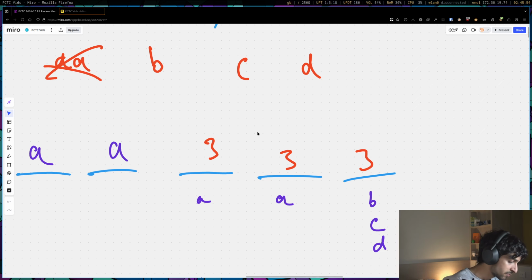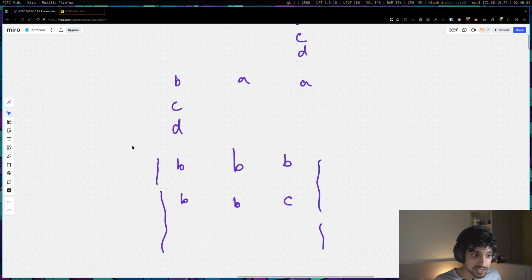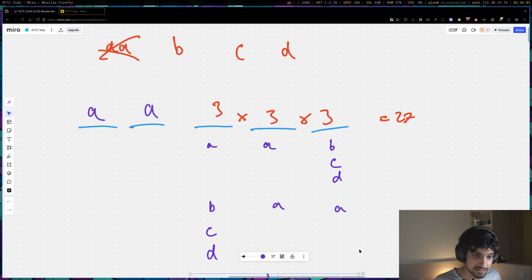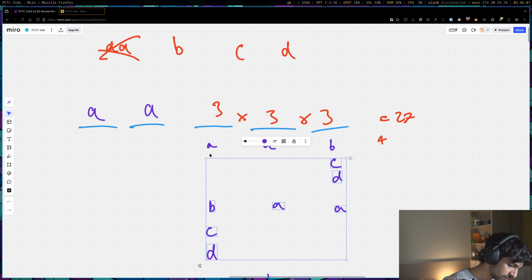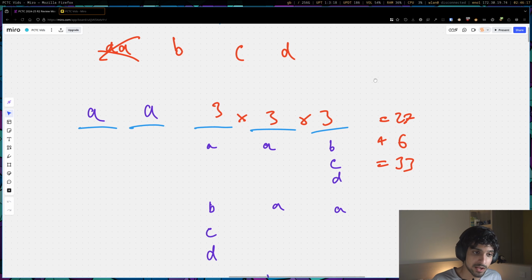So that leaves us 3 times 3 times 3 possibilities, which is equal to 27. So that's a good thing we didn't work out all of these, because there are going to be 27 of them. So 27 of those, and 6 of these. So in total, there are 33. There are 33 possible cases of this string that start with AA, because A is coming together.